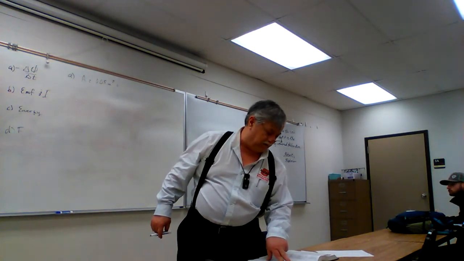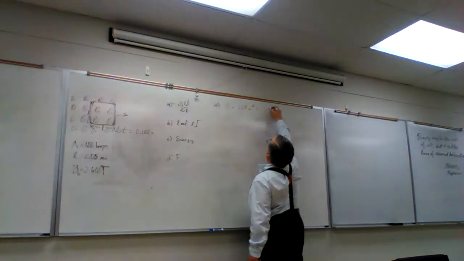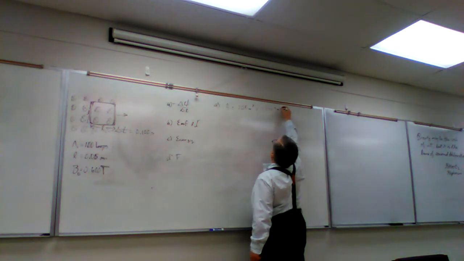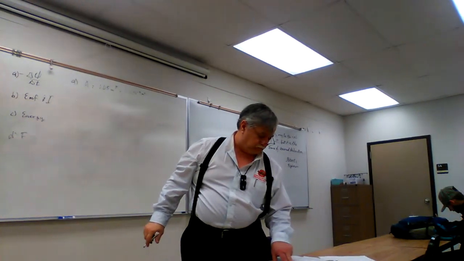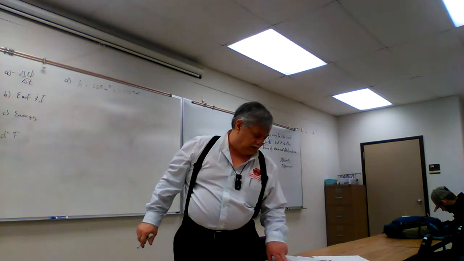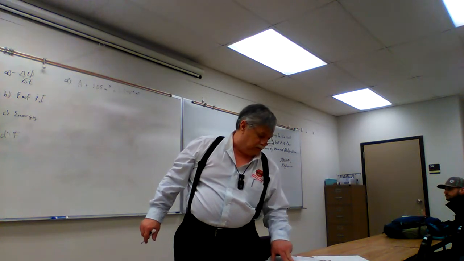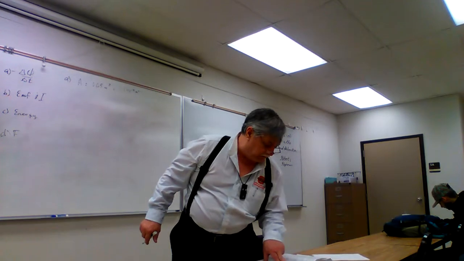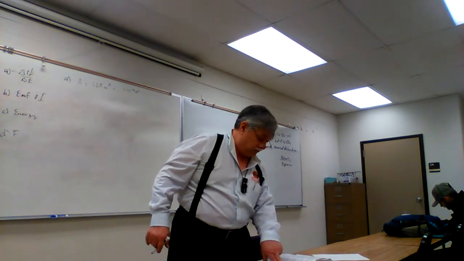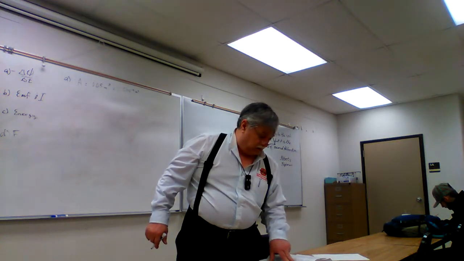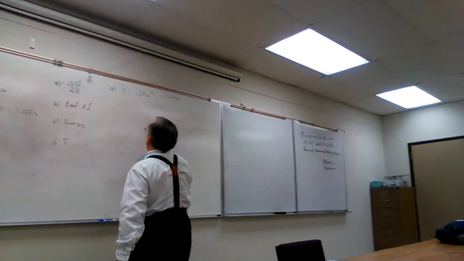It says here 2.5 times 10 to the minus 3 meters squared. Okay? The flux through it is B times A, so that's 0.6 Tesla times 2.5 times 10 to the minus 3 square meters, or 1.50 times 10 to the minus 3 Webers.